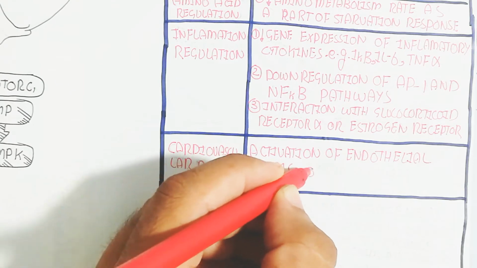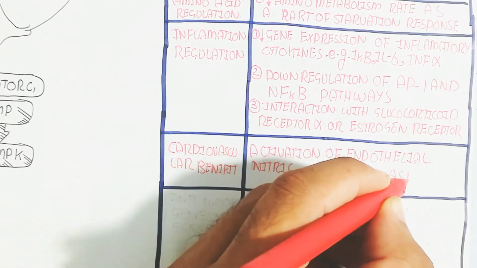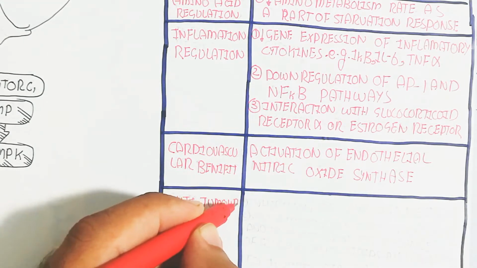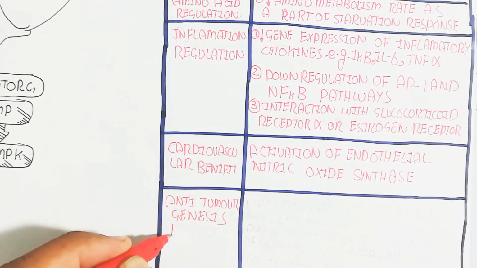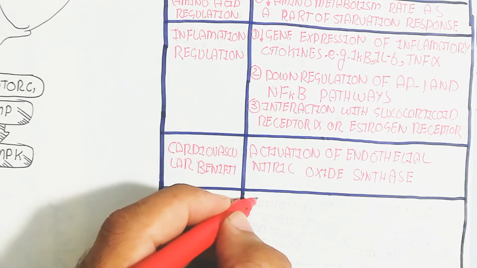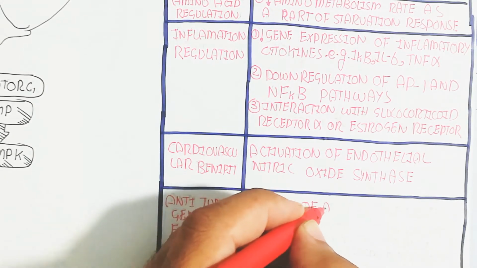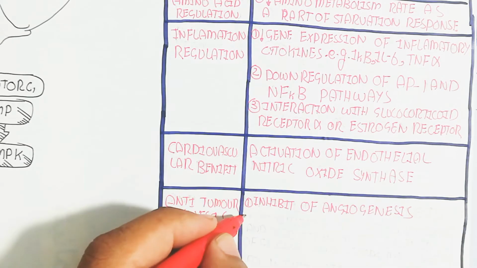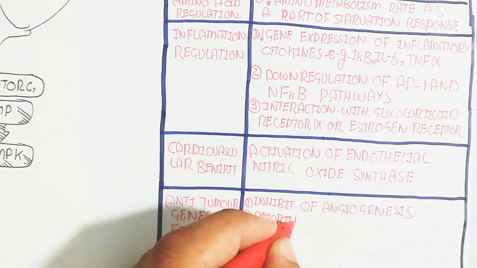And the cardiovascular benefit is that the activation of endothelial nitric oxide synthase will lead to vasodilation and prevention of coronary heart disease as well as other cardiovascular disease.